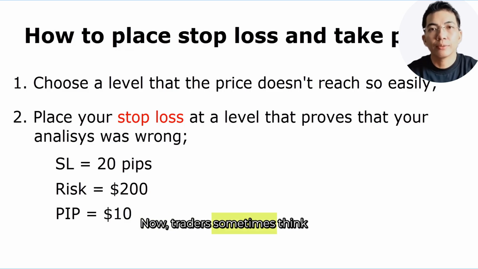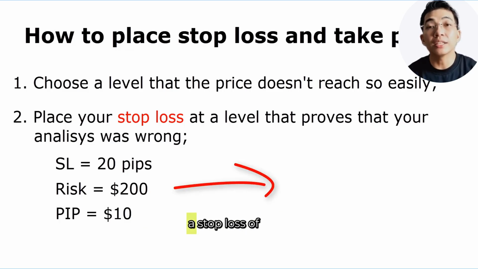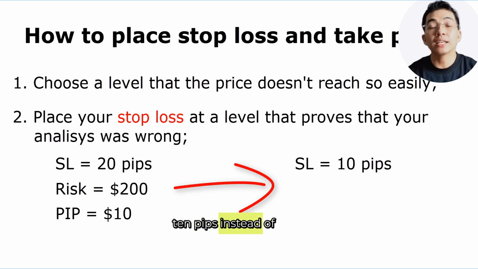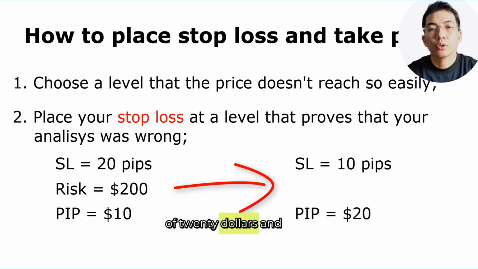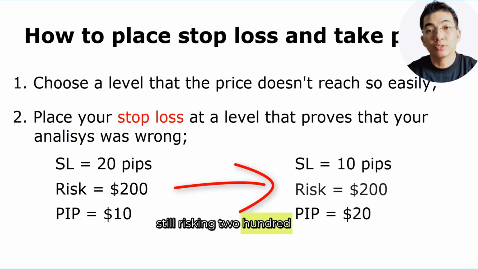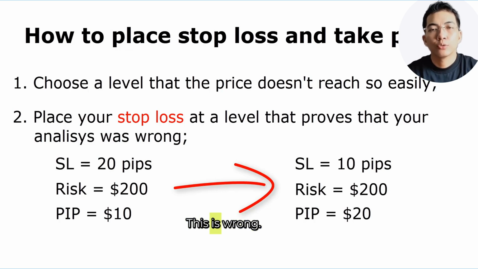Now, traders sometimes think that if they choose a stop loss of 10 pips instead of 20 pips, they can double their position, having a value per pip of $20 and still risking $200. This is wrong. A random movement can catch your stop loss in minutes and you only end up with less money in your trading balance.